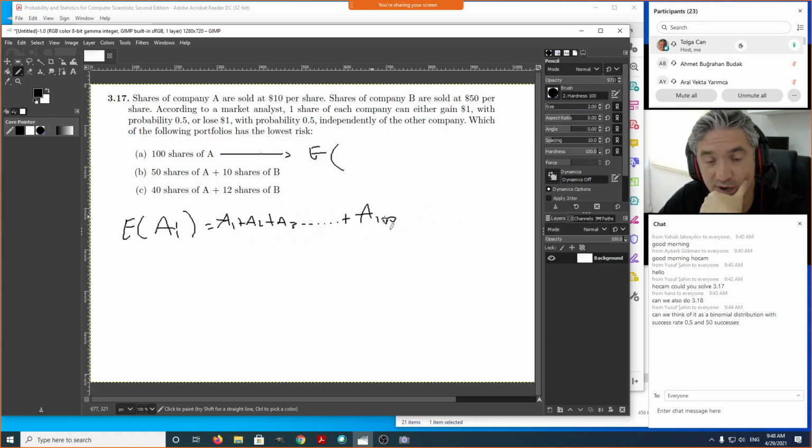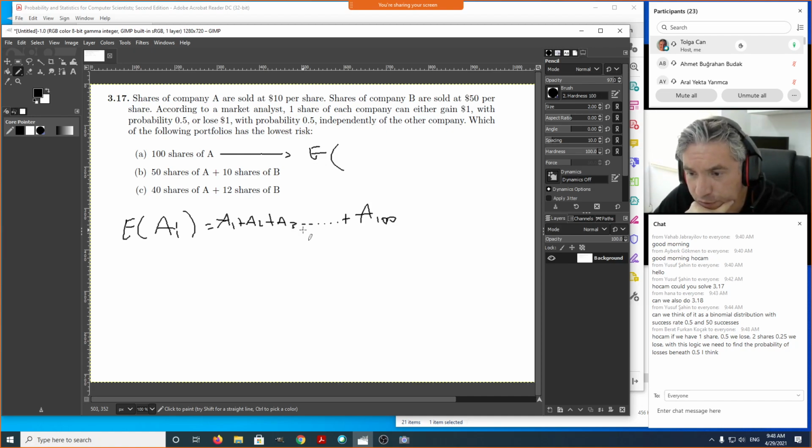If you buy 100 shares, the thing is that each of these shares are not independent from each other in a sense that, let me read your comment here. If we have one share with 0.5 probability we lose, two shares 0.25 probability we lose.